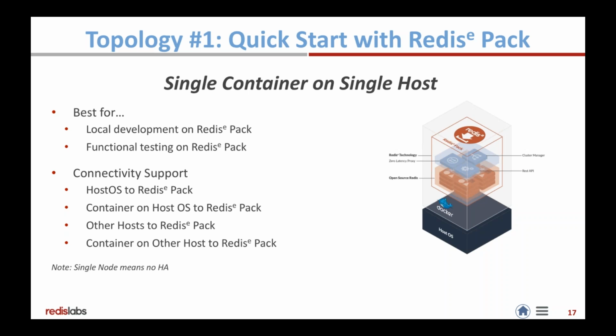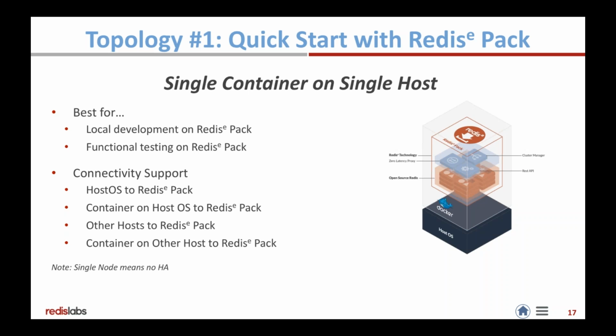There's no high availability, there's no replication, but if you're locally developing an application and you want to test against what you will have in production, or functionally want to see and make sure that everything works fine, you can use this topology.